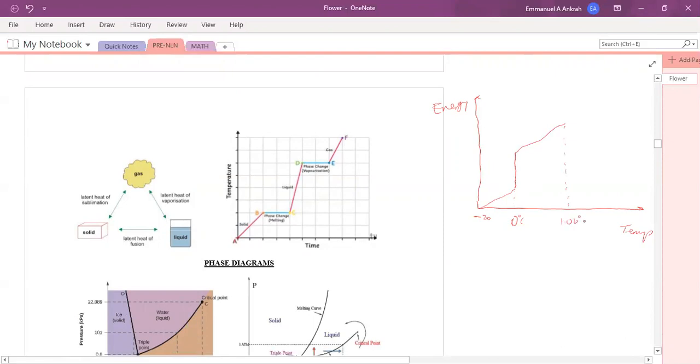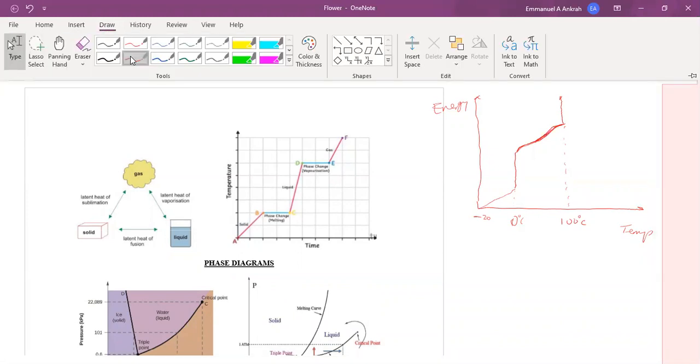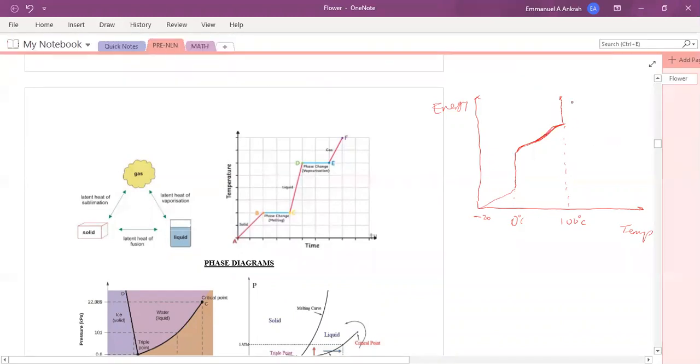So this will be 100 degrees Celsius. And then once it gets to 100, it stays at 100 for some time. Change of state. And then it will increase again, and then increases again like that.